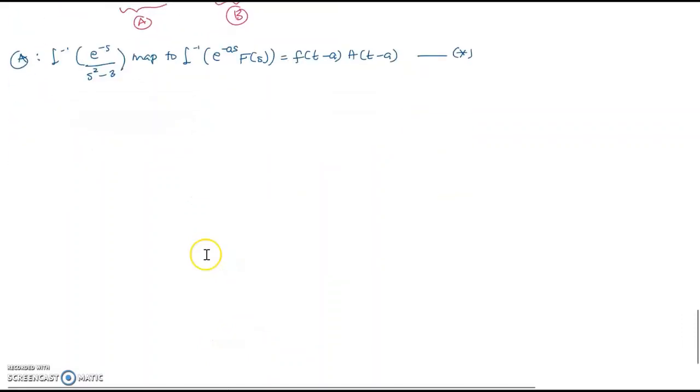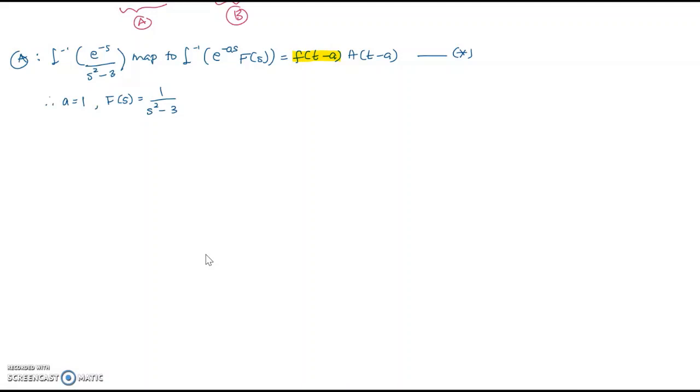By mapping to those two, we map e^(-s) to e^(-as), so we know that our a is 1, and F(s) would be 1 over s squared minus 3. So the question is, how do you get f(t minus a)?